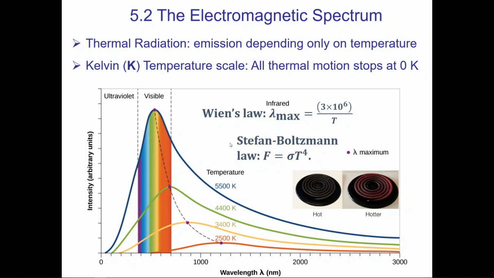And the second, we call Stefan-Boltzmann's law, actually describes the height of the radiation curve. So F just means the total energy emitted by the radiation is proportional to the fourth power of the temperature. So you can imagine the amount of energy radiated by the object increases much faster with the increase of the temperature.